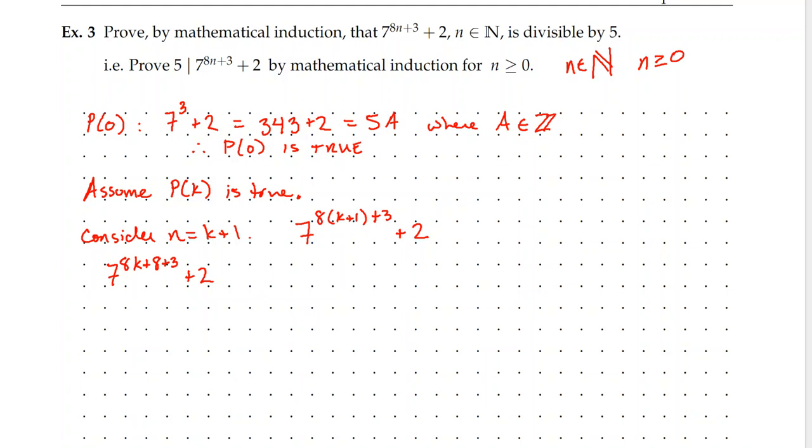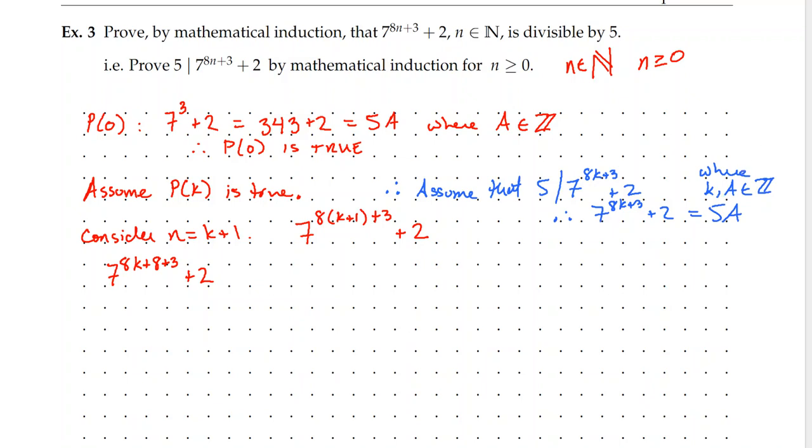Now let's make this a side note so that we can see it more easily. Assume that 5 divides 7^(8k+3) + 2. So therefore, 7^(8k+3) + 2 is going to be 5 times some particular integer a.